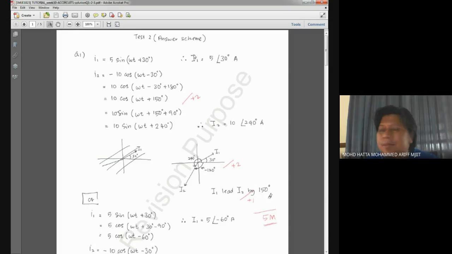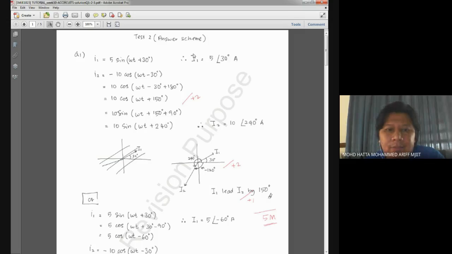All right. If you look at question number 1, as I mentioned earlier, it's a very famous question in terms of determining the phase angle and also describing which one is leading or lagging with respect to each other.